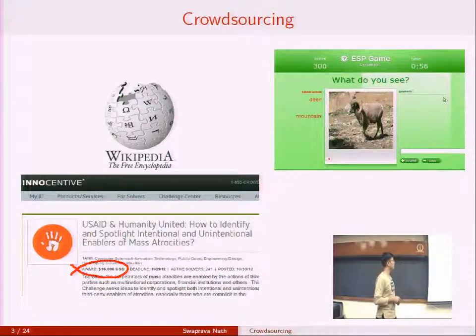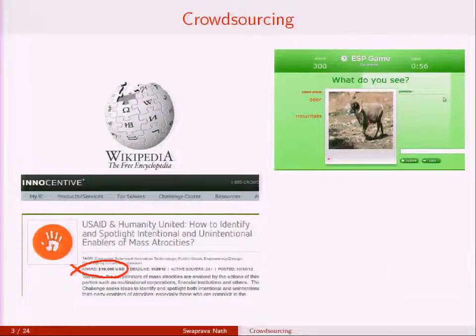There are websites like Innocentive, which is essentially a platform for people who are trying to get their jobs done and people who are job seekers. Here you can see some of these tasks. Someone has posted a task with a very detailed description and a prize money. If you are capable enough of doing this task, and there is a judgment procedure on how the job should be done, and when the job is judged successful, you get a huge amount of money.